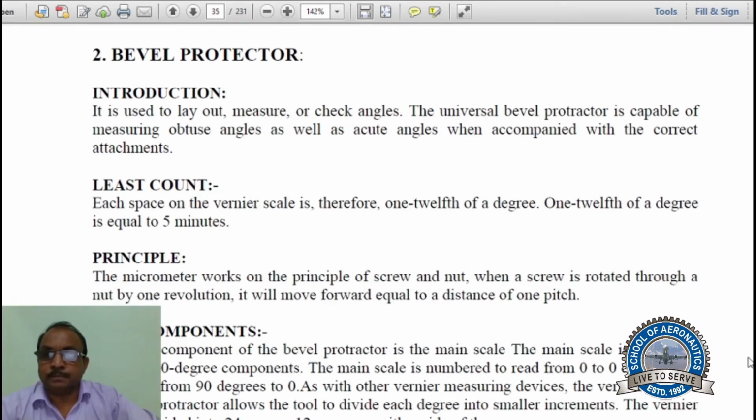Bevel protractor. Introduction. It is used to lay out, measure or check angles. The universal bevel protractor is capable of measuring obtuse angles as well as acute angles when accompanied with the correct attachment.